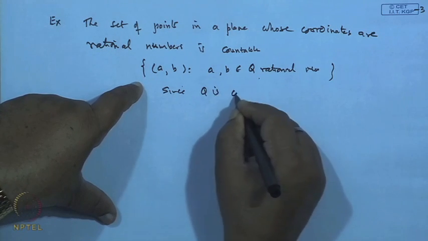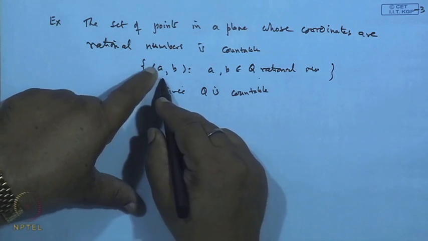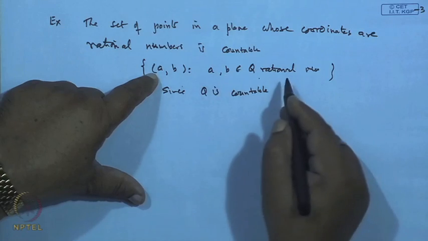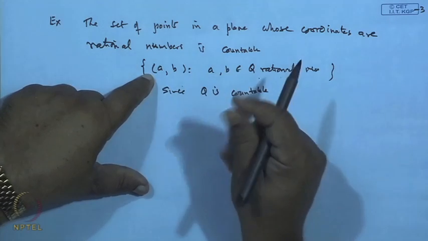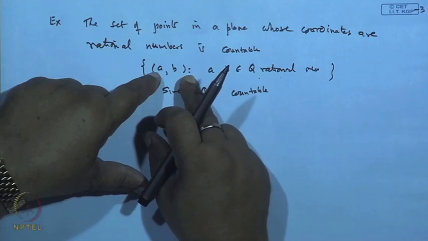Q is a countable set, and this set is an ordered pair whose elements are countable. Then according to that result which we have seen, that if S1, S2, ..., Sn are countable, then the countable union of the countable sets is countable, and accordingly we can say if there are n-tuples, each coordinate belonging to a set which is countable, then that collection of the n-tuples will also be countable.